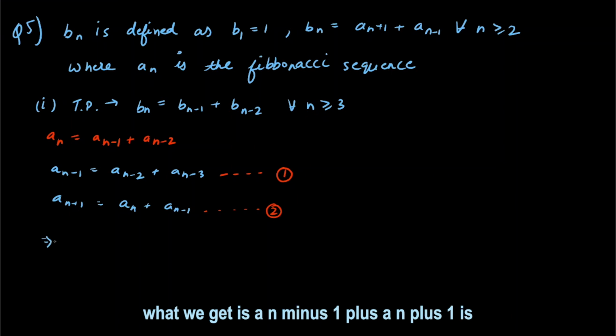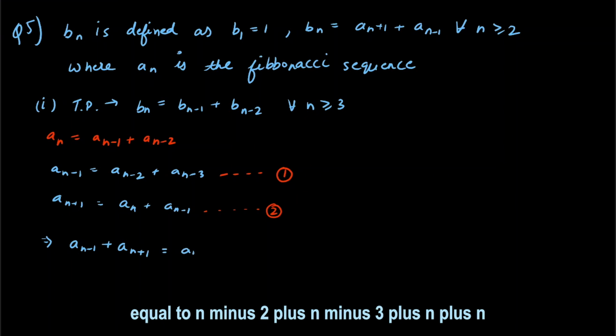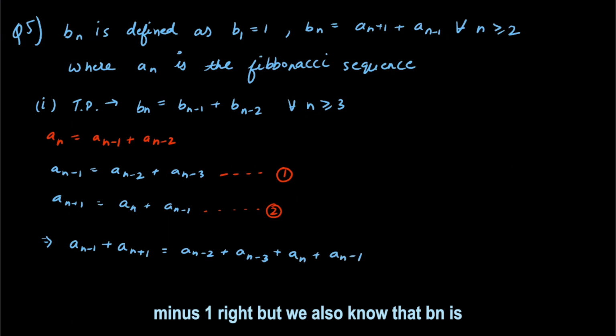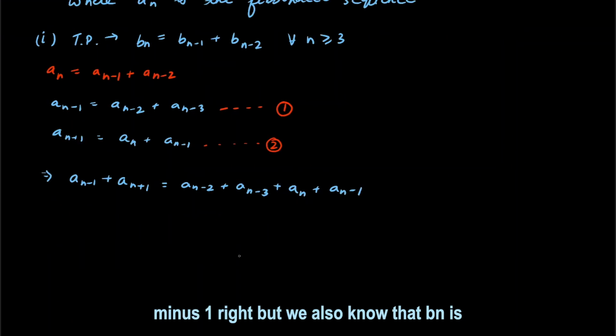So what we get is An minus 1 plus An plus 1 is equal to An minus 2 plus An minus 3 plus An plus An minus 1, right?